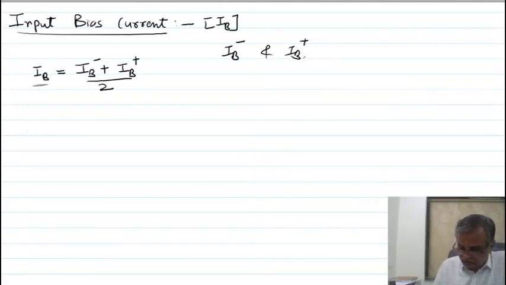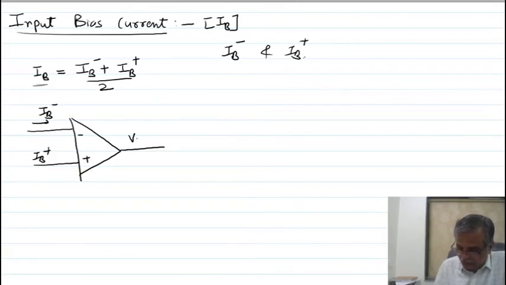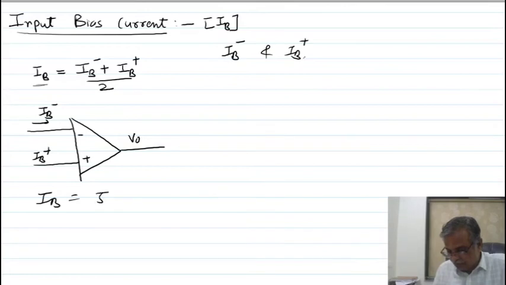See the circuit I am showing you, with the input bias currents IB minus and IB plus, and this is the output voltage. Just for your information, if the input terminals have bipolar junction transistors, then the bias current is of the order of 500 nanoampere or less at room temperature.